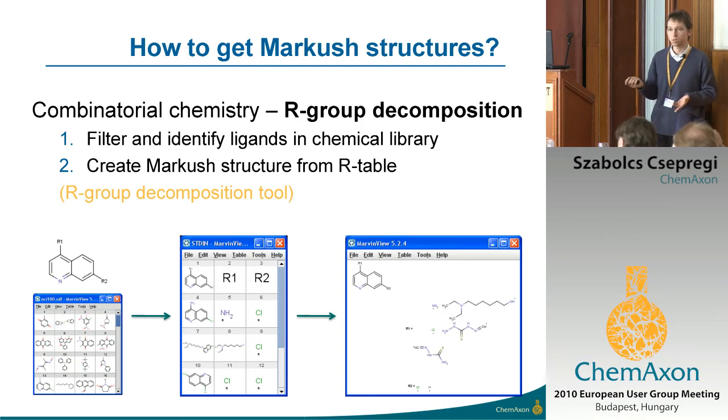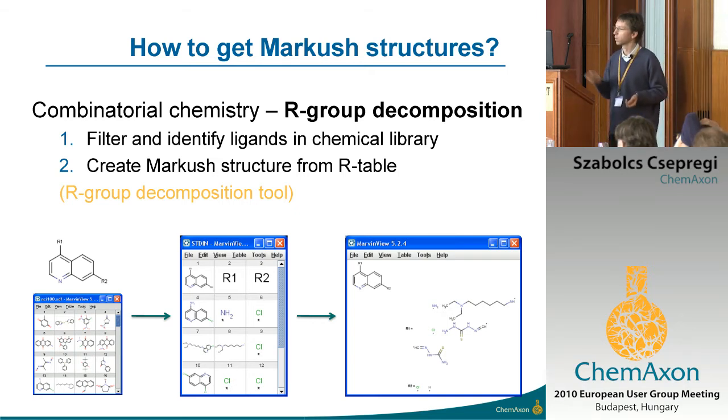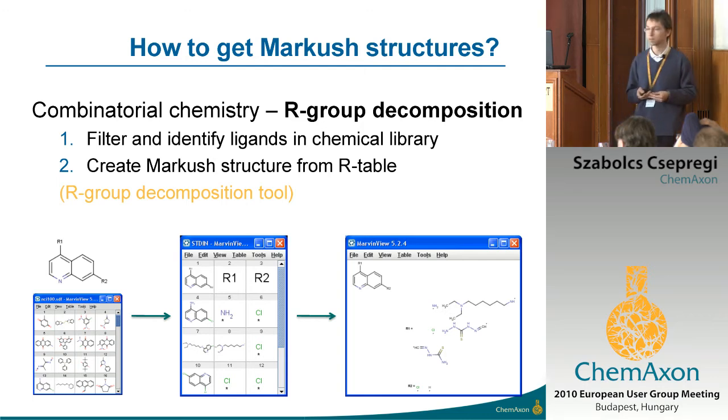Another way is to not start from reagent files, but from ready molecules from a chemical library. We can do an R group decomposition. Again, we start off with a known scaffold. We specify the positions we want to put the ligands on.